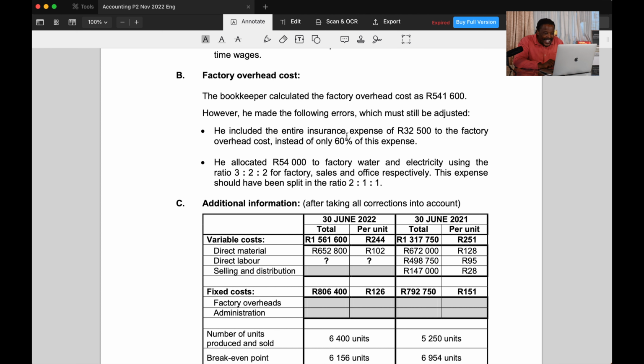He included the entire insurance expense of 32,500 in the factory overhead cost instead of only 60% of this expense. So 60% was supposed to form part of it, but he used the whole amount.